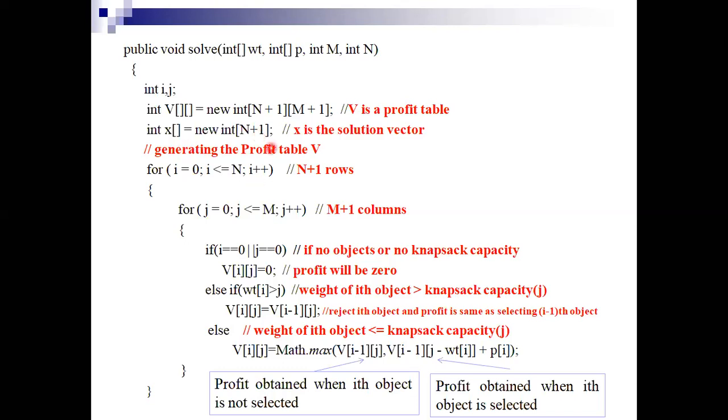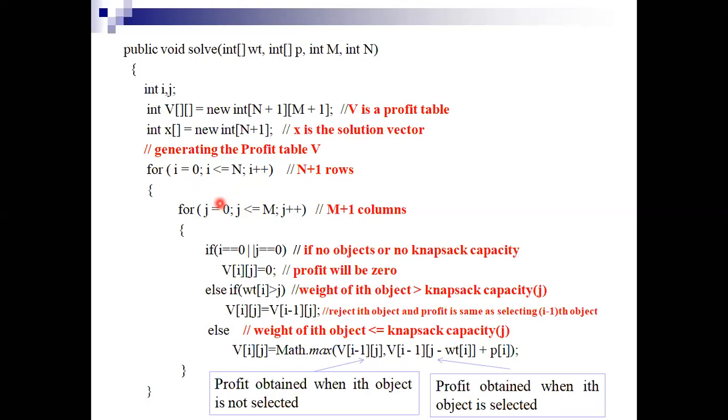Now, generating the profit table is the next task. You can now see I have to traverse n plus 1 rows, m plus 1 columns. Remember. So I have two for loops where I start with 0. Very important. It should start with 0 because we have the 0th row. The index of the first row is 0. 0, 1, 2, 3 till n.